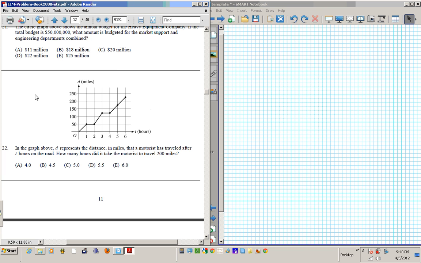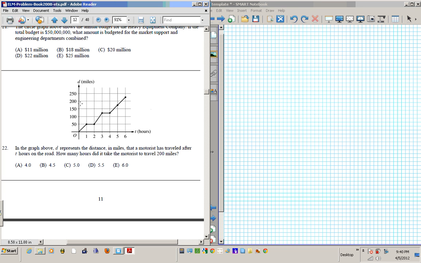Okay, so how many hours will it take to cover 200 miles? All right, so if you take a look at this problem, we are basically going to trace 200 miles to the graph and see what the output is.